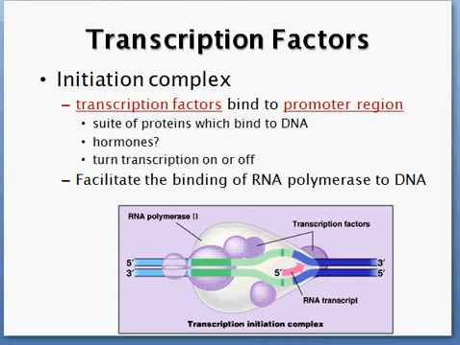And what is really thought is that a lot of these transcription factors are kind of like the on switch for transcription, and they actually get made or released as a result of some sort of hormone signal.